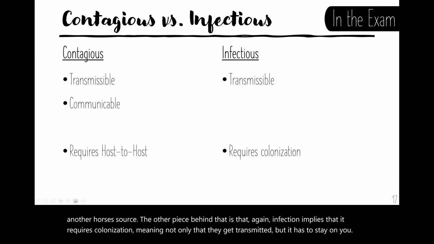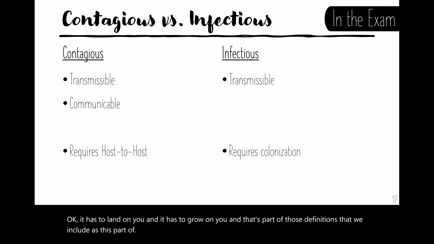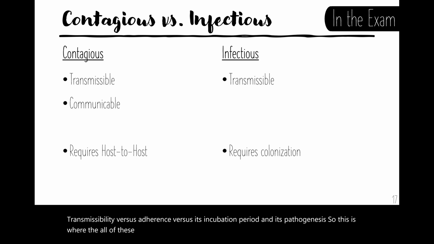It has to land on you and it has to grow on you. And that's part of those definitions that we include as transmissibility versus adherence versus its incubation period and its pathogenesis. So this is where all of these factors come into play.